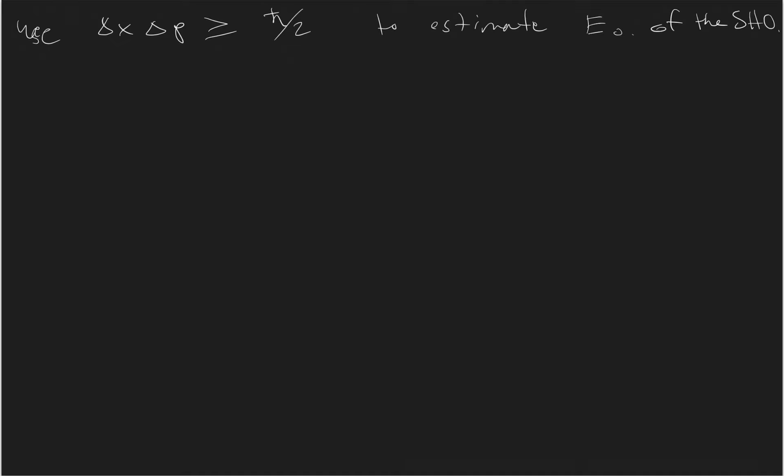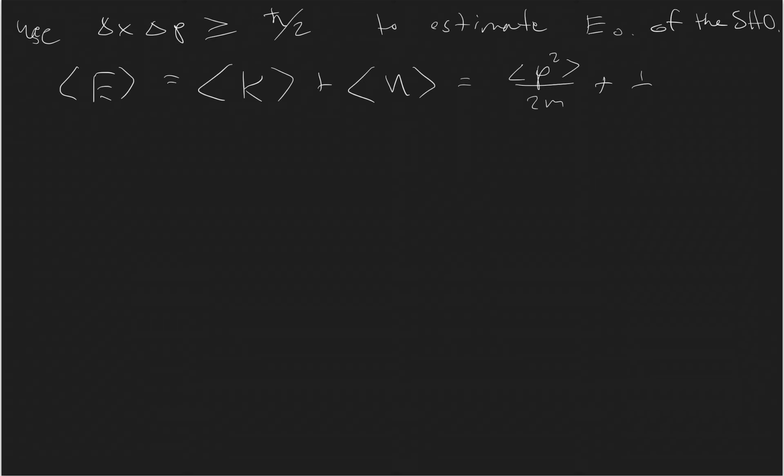So the average energy is going to be equal to the average kinetic energy plus the average potential energy. And this is going to be equal to the average momentum squared over 2m plus the mass times omega squared times the average position squared.